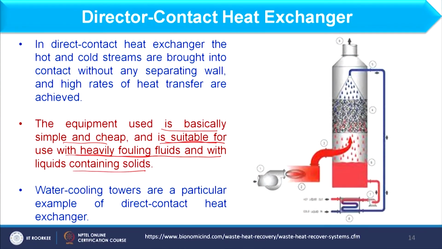Okay, because further resistance is not offered in heat transfer. Okay, so water cooling towers and air coolers are examples of direct contact heat exchangers, and this is one image of a direct contact heat exchanger, and details you can find here.